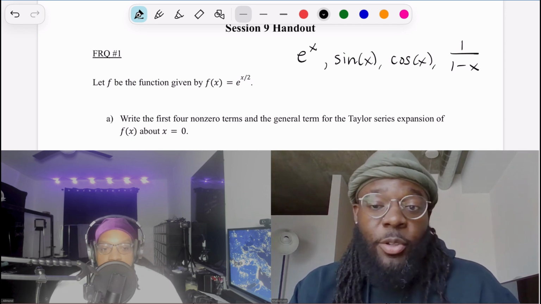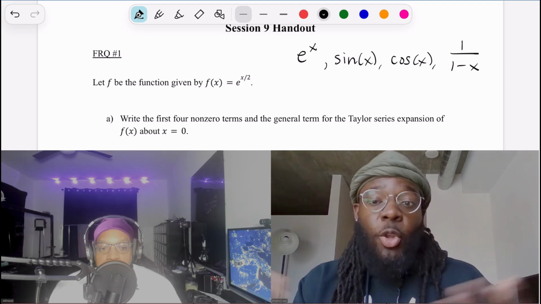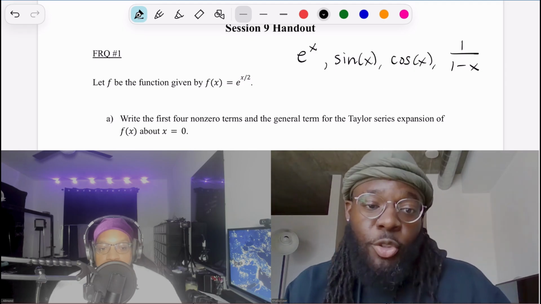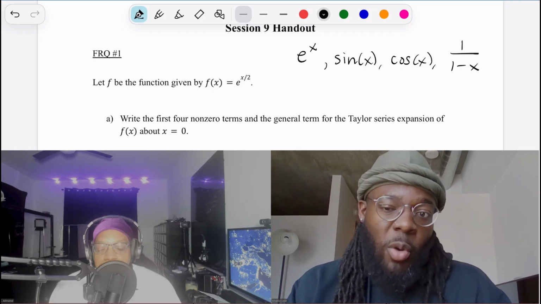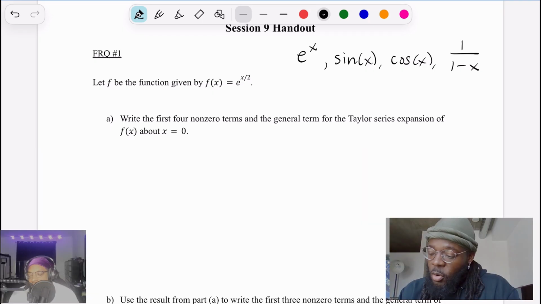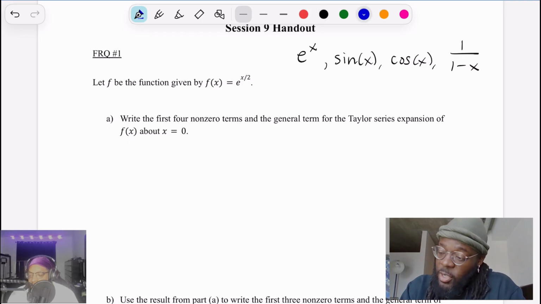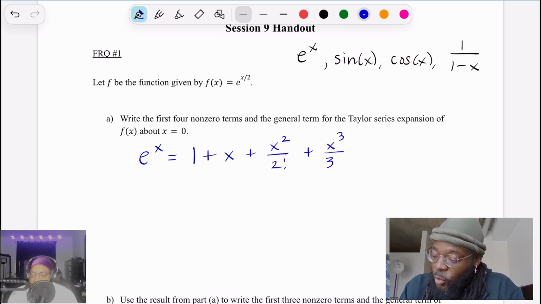And we know that Taylor series are really good because they basically take polynomials and they model functions, right? So you can turn any function into a polynomial if you know its Taylor series. And this is easier to work with because polynomials are just real straightforward. So for e to the x, its Taylor series expansion is going to be 1 plus x plus x to the second over 2 factorial plus x to the third over 3 factorial.